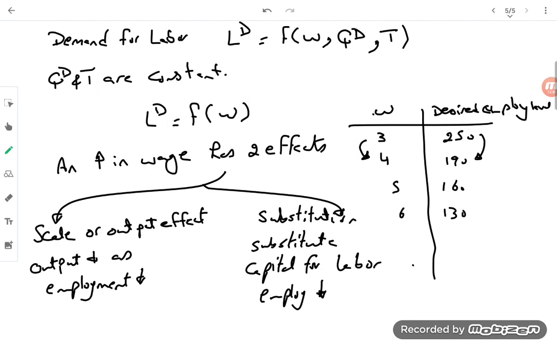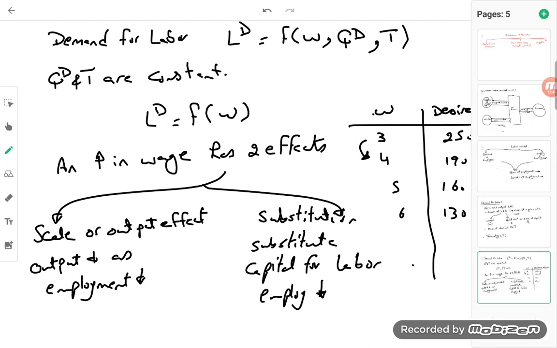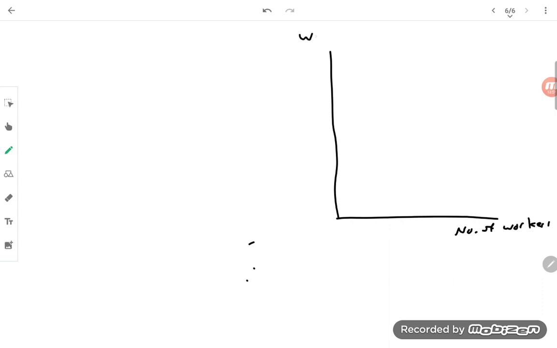Demand for labor can be represented graphically by a demand curve. So just like the demand for any product, this is the number of workers instead of number of units or quantity. And this is the wage rate.